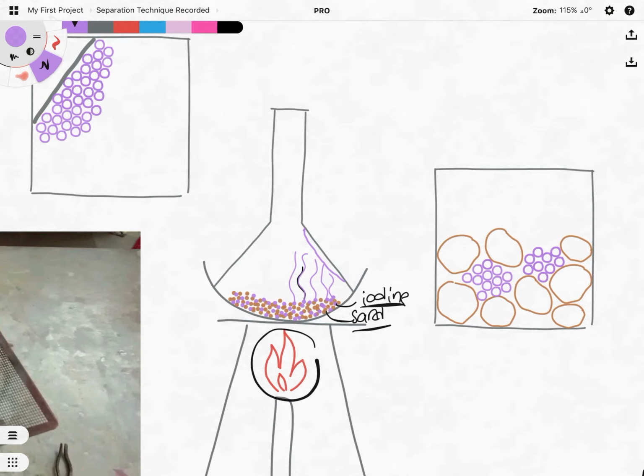If it turns into gaseous state and we just let it evaporate away, then I'm technically losing the iodine. I'm not going to get it back, right? So how am I going to get back the iodine after it has evaporated away? This is how I can get back the iodine. The iodine can condense back on the inner surface of what I've put over here, sorry, not a flask, it's a funnel.